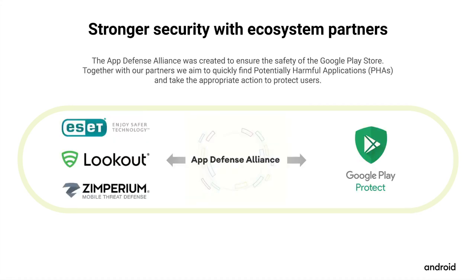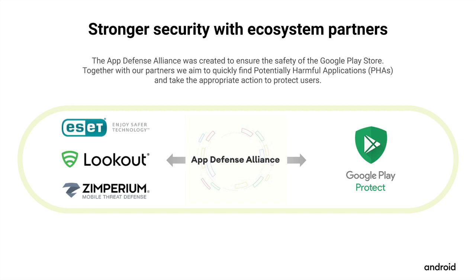Now, the other part of this process in the cloud is that we build a stronger security model in Google Play with ecosystem partners. At the end of last year, 2019, the App Defense Alliance was created or initiated by Google, where we now partner with three external vendors, ESET, Lookout, and Zimperium, and they actually help us quickly find apps on Google Play, which we call potentially harmful apps.